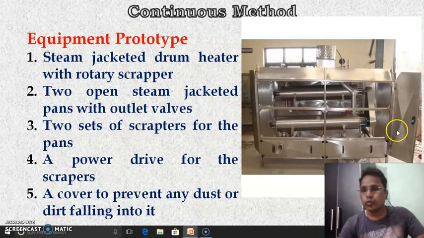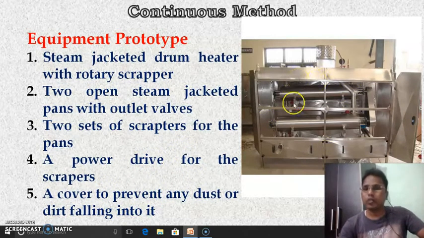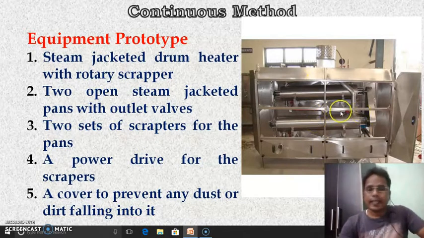So two steam jacketed pans are provided here with the outlet valves, and two sets of scrapers for the pans, and a power drive for the scrapers. Scrapers are moved with the help of the power drive, and they are covered to prevent any dust or dirt falling into it.